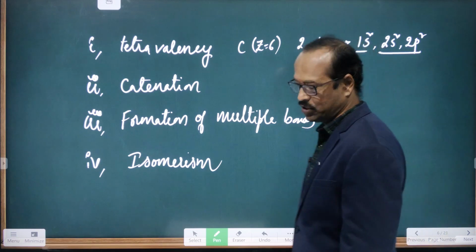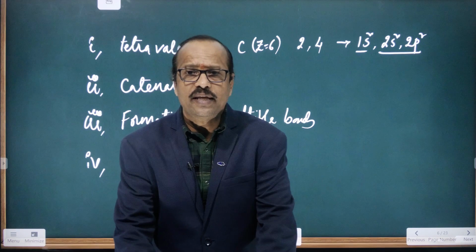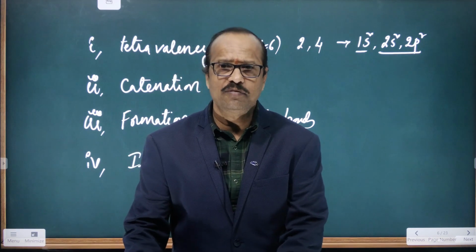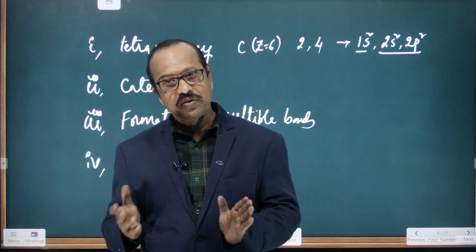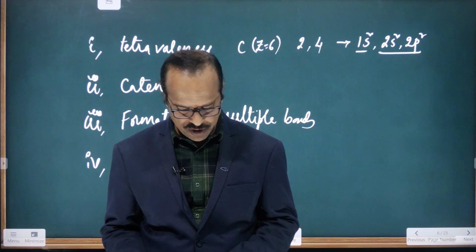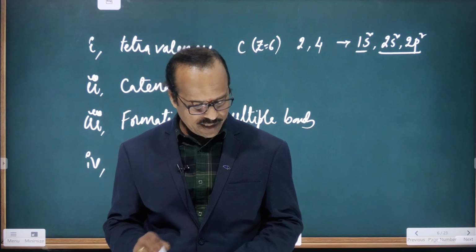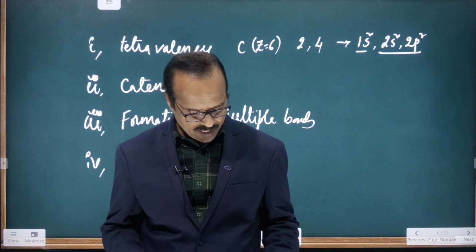Second one is called catenation. Catenation means what, students? The self-linkage among identical atoms to form long chains, branched chains, ring-like structures, like so many compounds, is called catenation. Okay, so how can you define catenation?